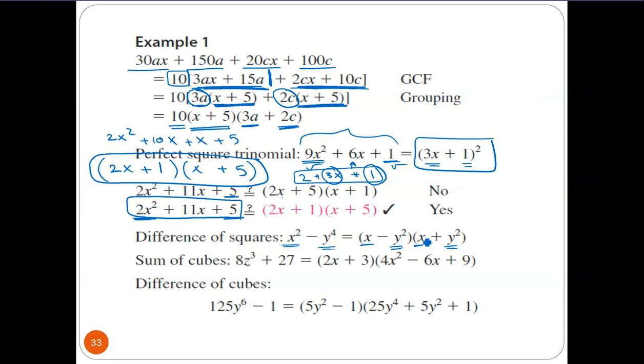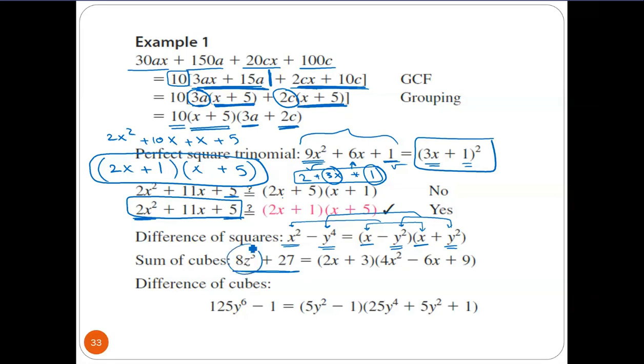Look at this: if you multiply x with x, you have x squared. If you multiply y squared with y squared, you have y to the power 4.